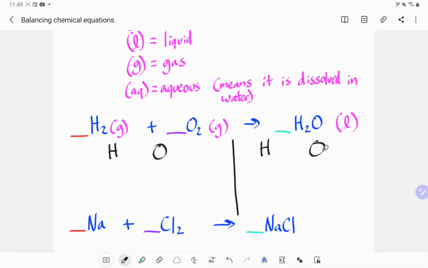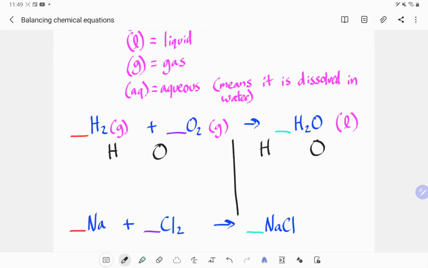There might be a different number before we balance them, but we are going to have the same elements. So we have H and we have O. I would also highly recommend that we write them in the same order, because it'll be less confusing, and you'll see what I mean going forward.